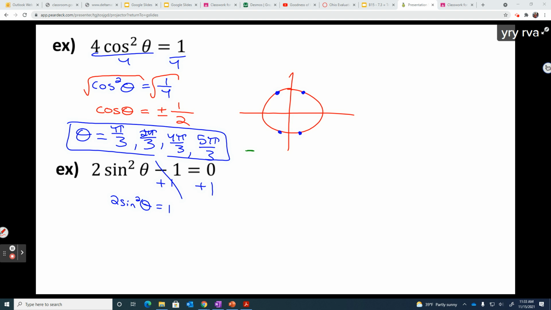Divide everything by 2. Okay, sine squared theta equals 1/2. Yes. No, good. All right.